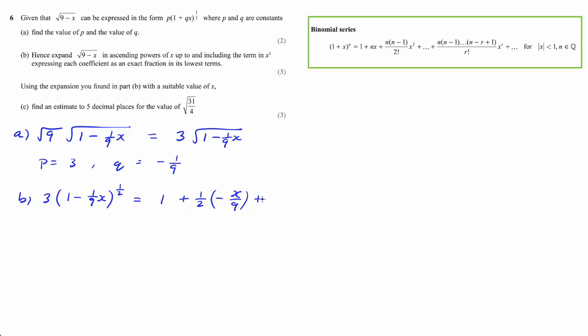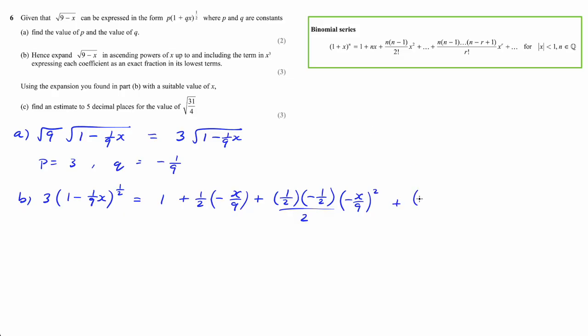Okay, plus n, which is a half, times n minus 1. A half minus 1 is negative a half, over 2 factorial, which is 2, times x squared, which is minus x over 9 squared. And then I have to keep going, guys, because he wants to the power of 3.